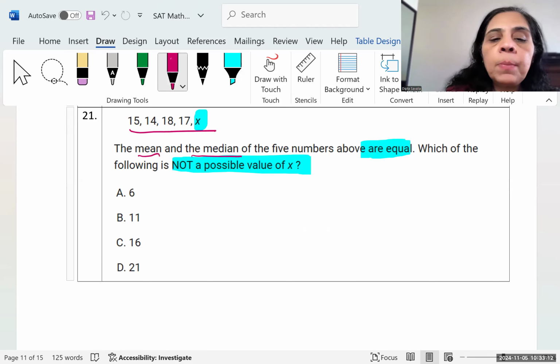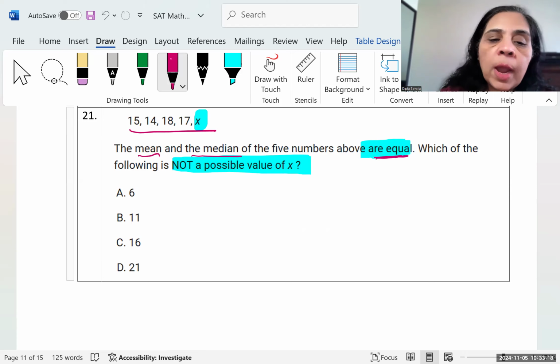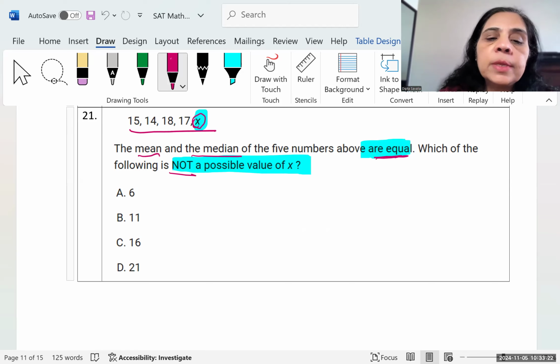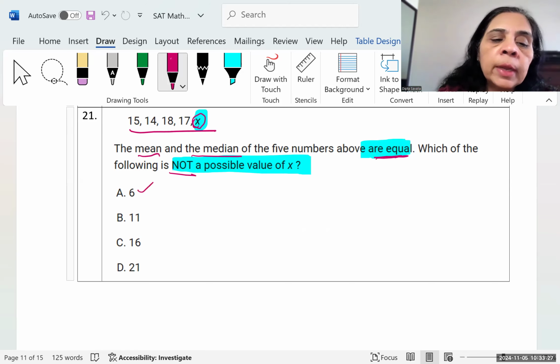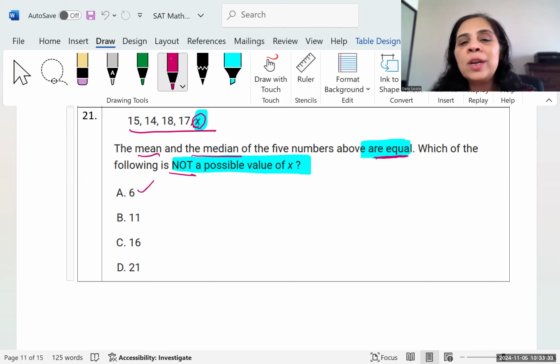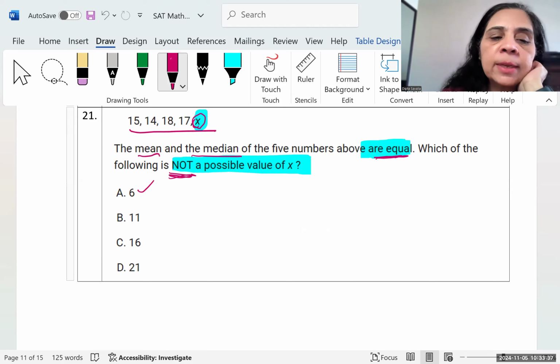Mean and median are exactly the same for this data. So now we have to find what x value we can plug in here which is not possible, right? So we can just plug in one by one and check at which point the mean and median are not equal. We have to prove they are not equal because that's the keyword.